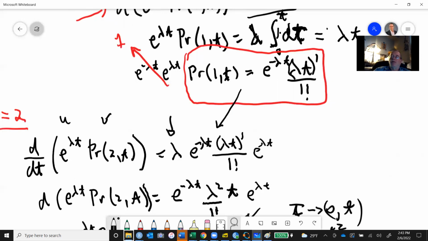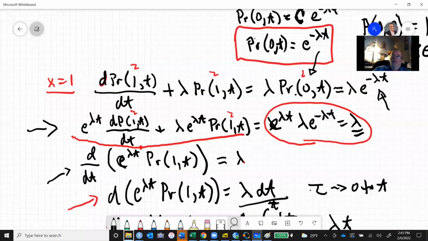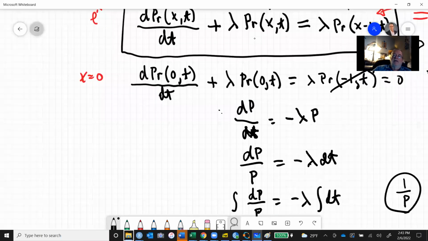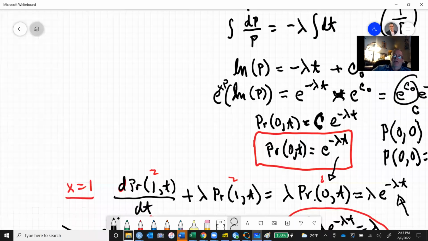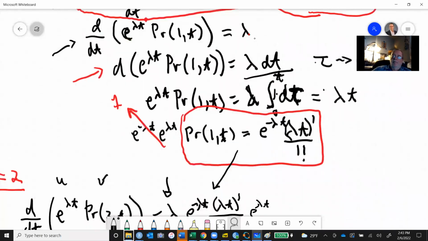In this recursion, we're skipping from nobody coming in, we did that, to one person coming in, the probability of that, which takes into account the fact that nobody comes in. So this must be at least one person coming in, both and.